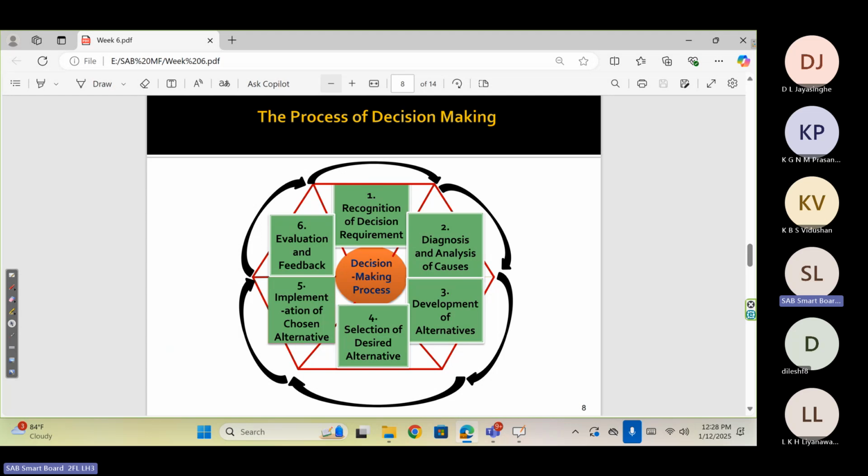But this should be completed with evaluation and feedback also. That's the last step. In any professional setting, evaluation and feedback give a filter for the best decision making. Therefore, as a cycle, this would happen. In all decisions, I think this should be followed. Whatever the level, these 6 steps should be followed.